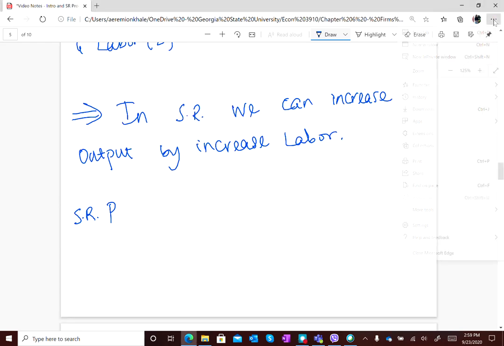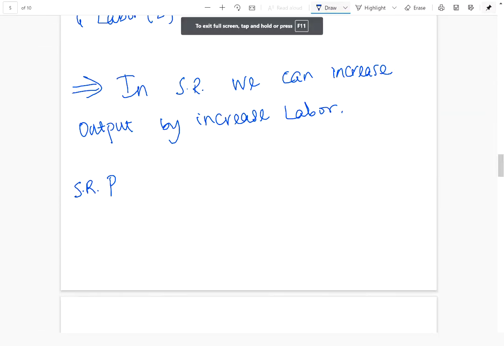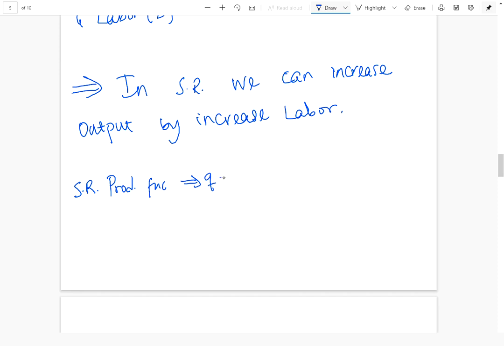All right, so our short run production function is Q is equal to F of L and a fixed value of K. Sometimes this is called K hat, sometimes K bar.